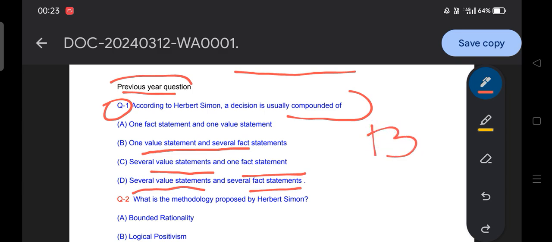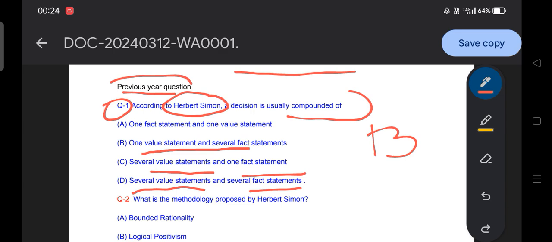The decision making theory according to Herbert Simon: one value statement and several fact statements. Herbert Simon believes that public administration should consist of value and fact. He criticized traditional public administration, which he named the proverbs myth, for including only the facts, only the technical aspect, not the value.